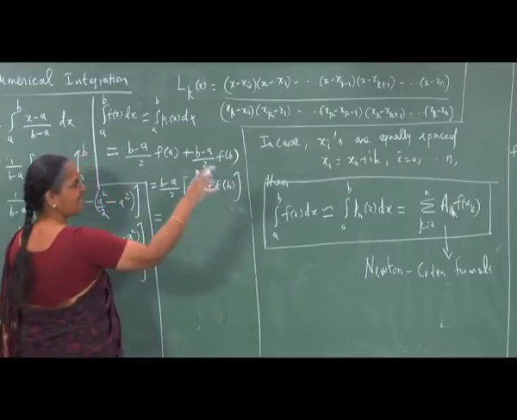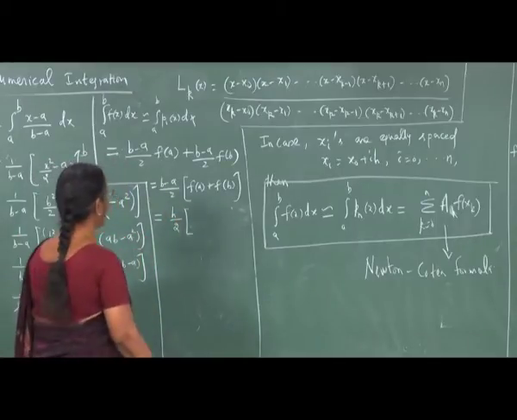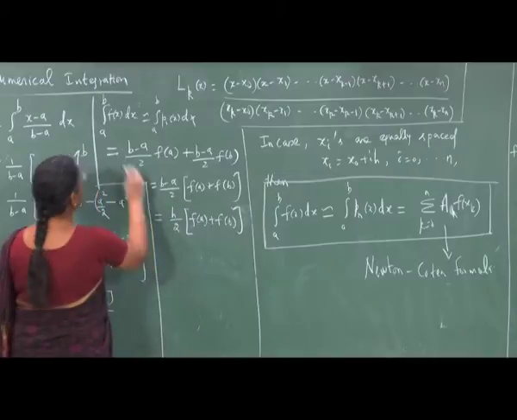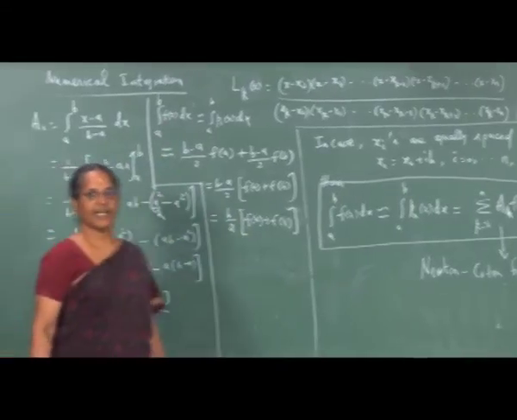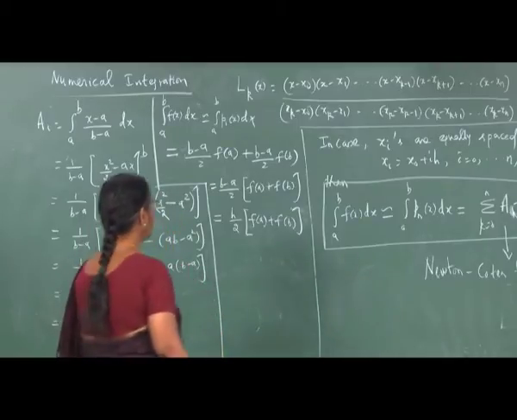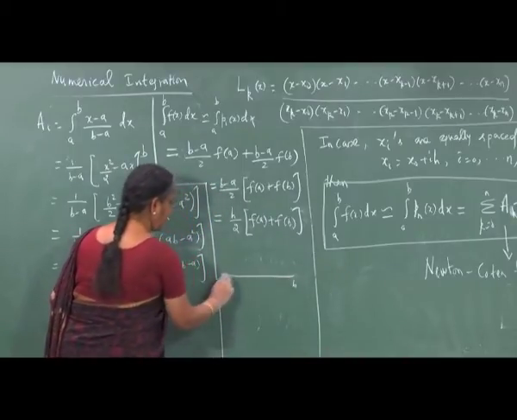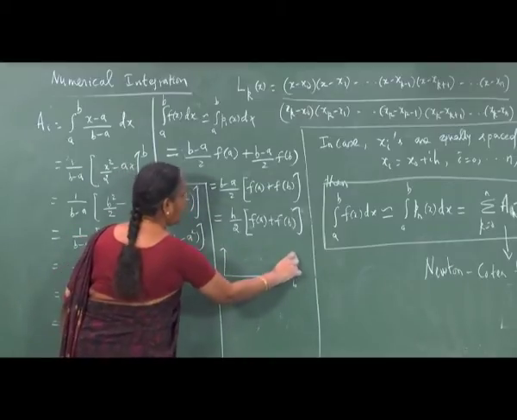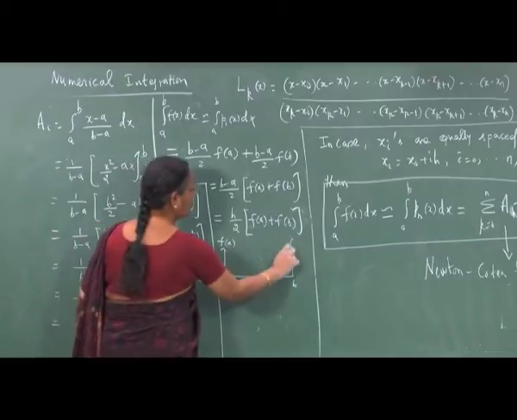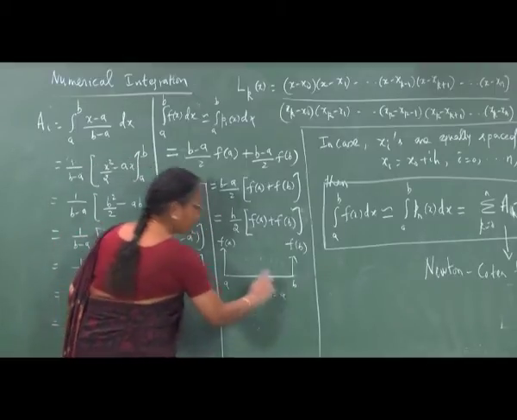But b minus a is the length of the interval, and we have said that that is equal to say h. So, h by 2 into [f at a plus f at b]. So, this is an estimate of the integral when you approximate the function by a linear polynomial p1 of x. And what do you observe? You have the end points a and b of the interval, and you require the integral from a to b of f of x dx, and the function values are f of a and f of b, and the length of the interval is b minus a.